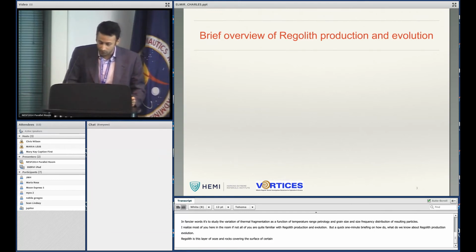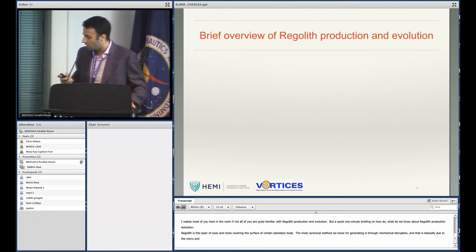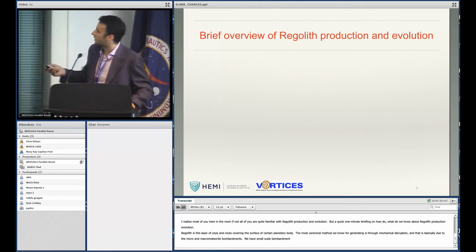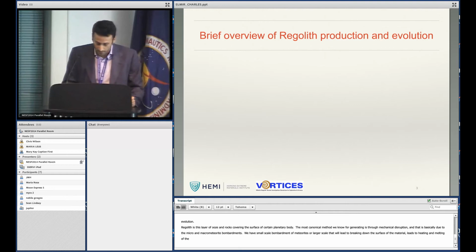The most canonical method that we know for generating regolith is through mechanical disruption, and that is basically due to micro and macrometeorite bombardment. So you have either a small-scale bombardment of meteoroids or a larger scale that will lead to obviously breaking down the surface material, leads to heating and melting of the surface material, and obviously its breakdown.